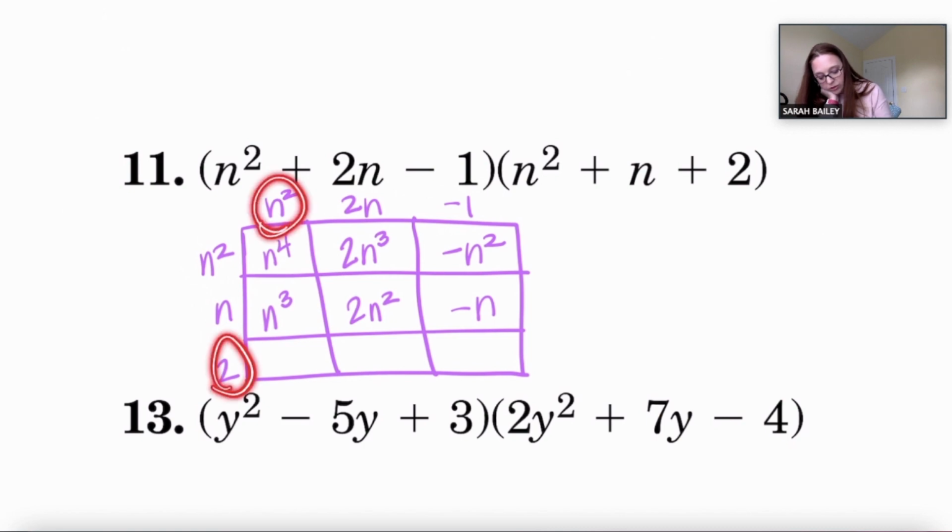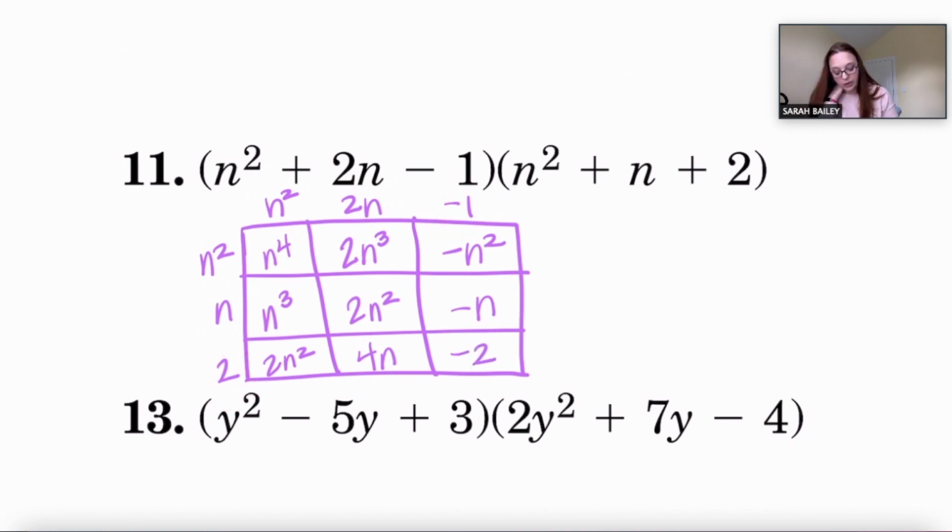Now 2 times n squared, which would be 2n squared, 2 times 2n is 4n, and finally 2 times negative 1 is negative 2. Now what you'll notice here is that these are like terms, these are like terms, and then these are like terms. See how it kind of makes it a little easier?